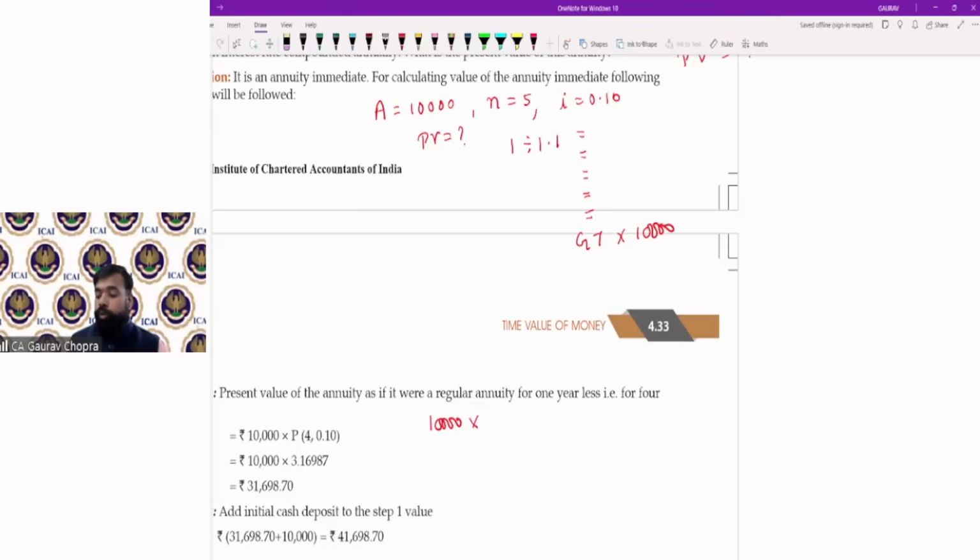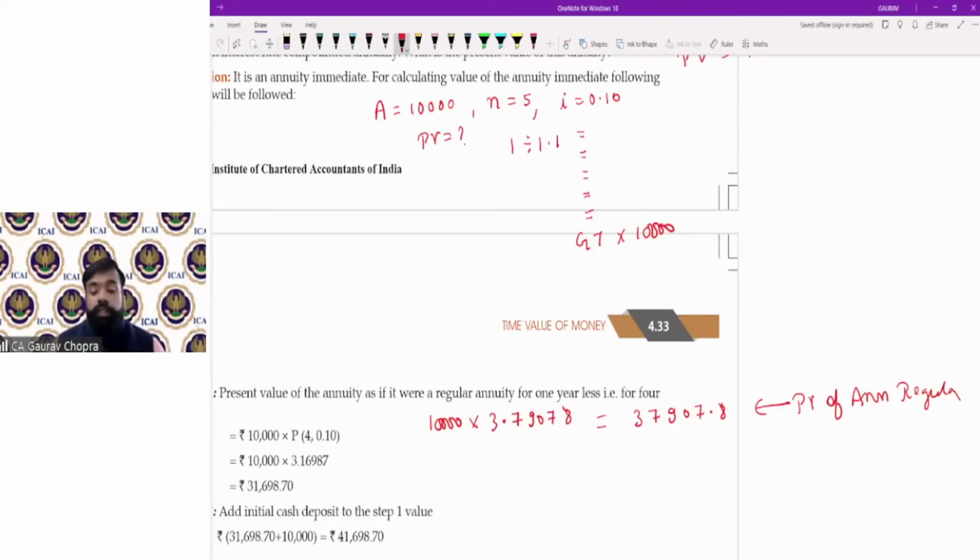So 1, 2, 3, 4, 5. And then GT. You are getting 3.79078. So after multiplication, what is the result? 37907.8. So till here it is the present value of annuity regular.